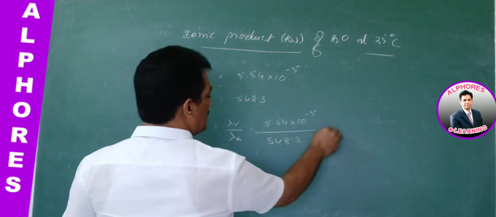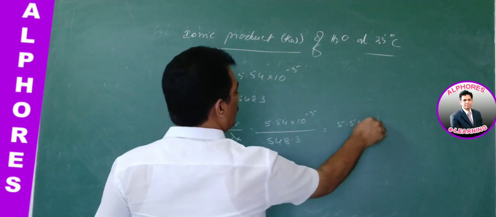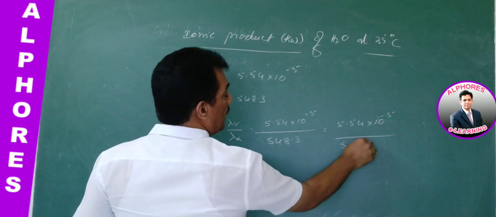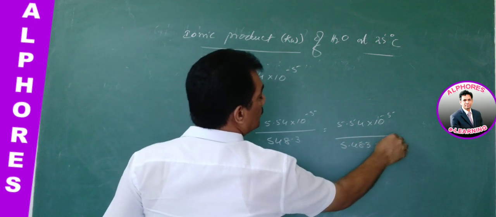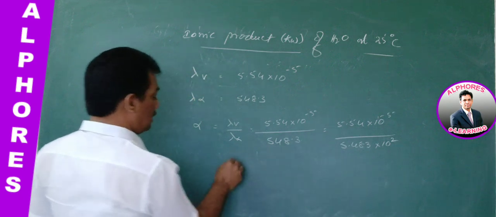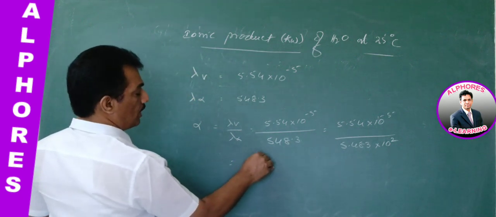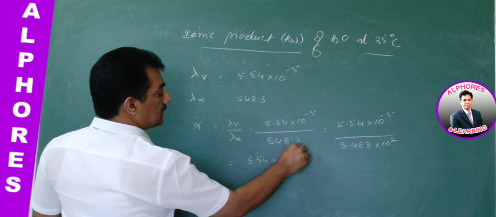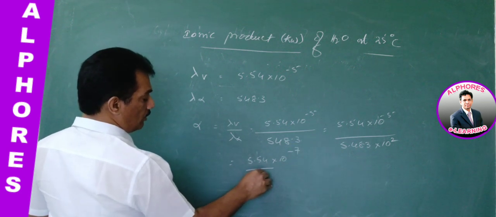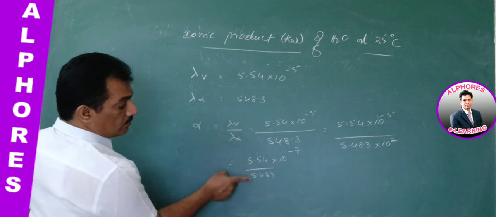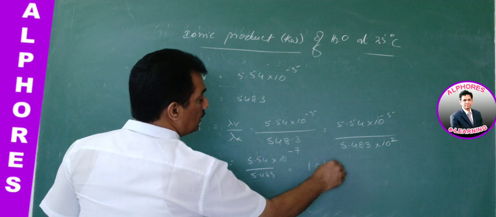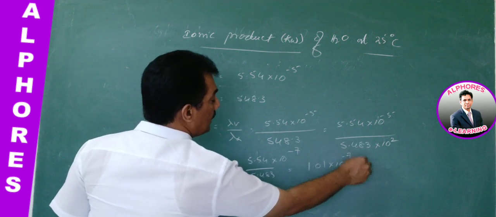We can write this for simple calculation as 5.54 into 10 to the power of minus 7 by 5.483. Thereby it is arriving at 1.01 into 10 to the power of minus 7.